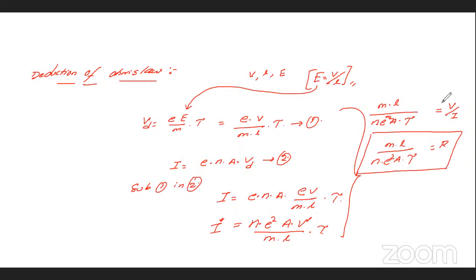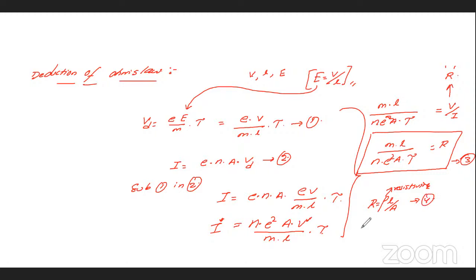So we can say V by I is constant, which is equal to your resistance R. And you already know there is a formula for resistivity: R is equal to rho L by A, where rho is your resistivity. From these two relations, I'll take this one as the third equation and this one as the fourth equation.